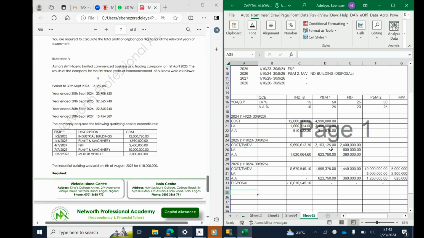So what we are going to do first of all is remove the disposal, the remaining value, which is the tax written down value, just to take it out of the books. Then when we are computing our balancing charge or balancing allowance, we will compare the total allowance that it has enjoyed initially and restrict the balancing charge to that.